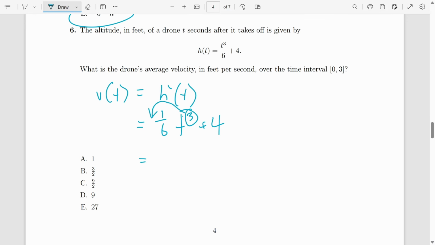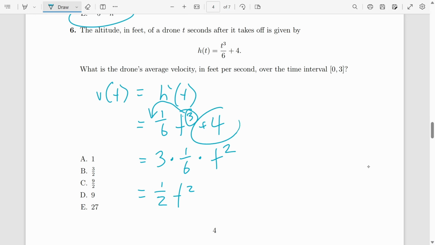So let's do this now. Taking the 3 out to the front, we get 3 times 1/6 times t squared, since 3 minus 1 is 2. Simplifying, 3 times 1/6 is just 1/2 t squared.